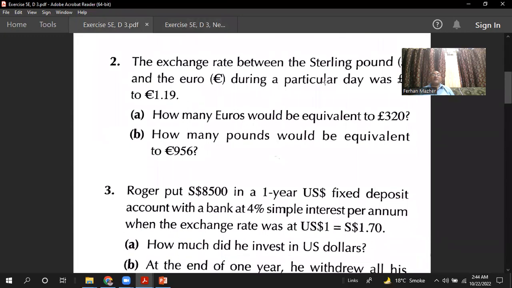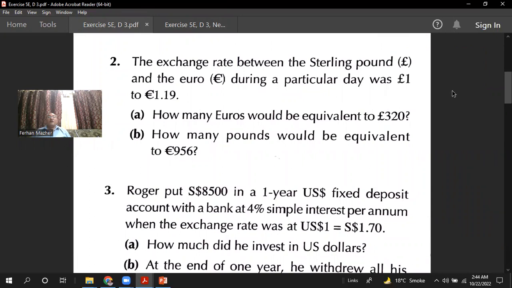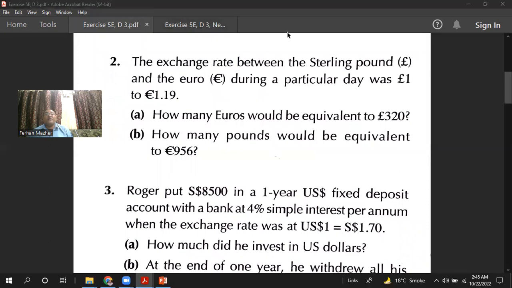The next question coming up on your screen is question number 2. This is question number 2 from exercise 5E. The book is D3, New Syllabus Mathematics 7th edition, published by Oxford University Press.